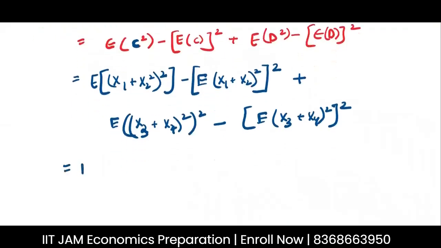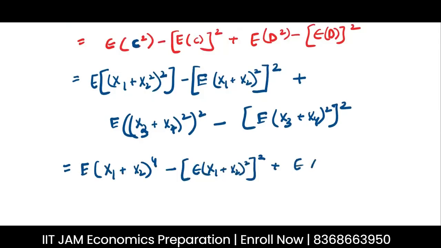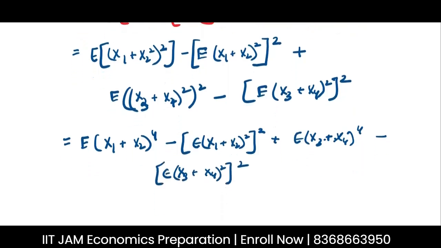So this is equal to E of (X1 plus X2) to the power 4, minus E of (X1 plus X2) whole square, squared, plus E of (X3 plus X4) to the power 4, minus E of (X3 plus X4) whole square, squared. Now please see this.